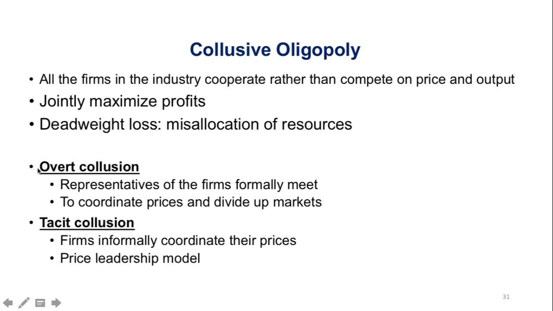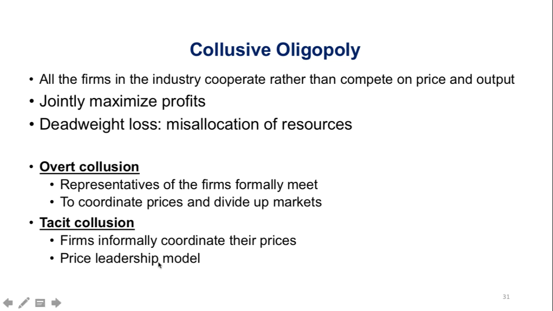There are two ways they cooperate. The first one is overt collusion, which means that the representatives of the firms formally meet to coordinate the prices and divide up the market share. They decide, I'm taking 20% of the market share, you take 20%, the other one 20%, and then based on that level of production, they set the price.